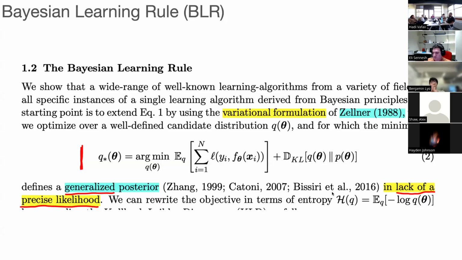One of the questions is, what if you just replace it with an arbitrary likelihood? Are you still making a particular variational assumption? No, that's not a variational assumption. The only assumption in the variational part comes from choosing the family of candidate distributions for the posterior. Exactly.